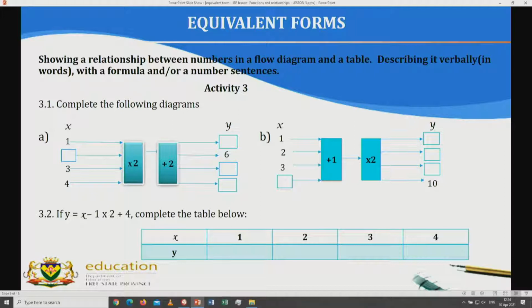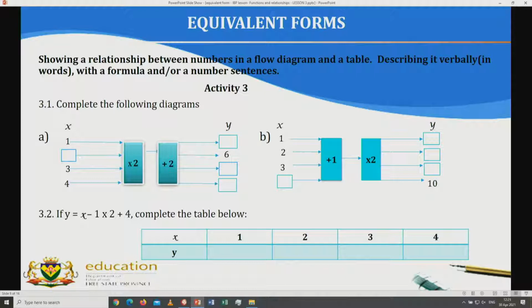Before you can show the relationship between the flow diagrams and the table, you firstly have to find the values of the missing input and output values.